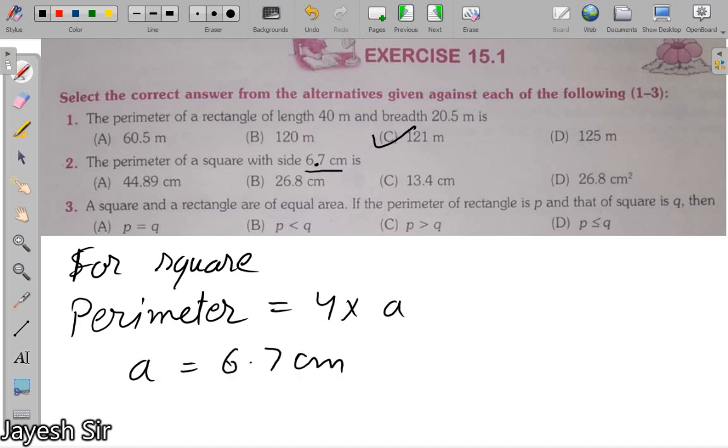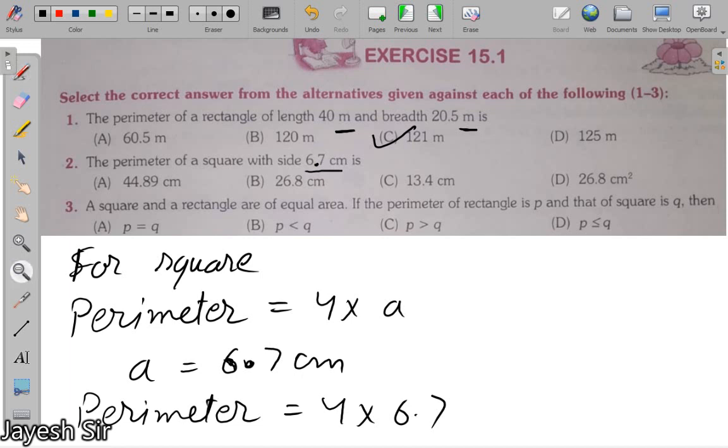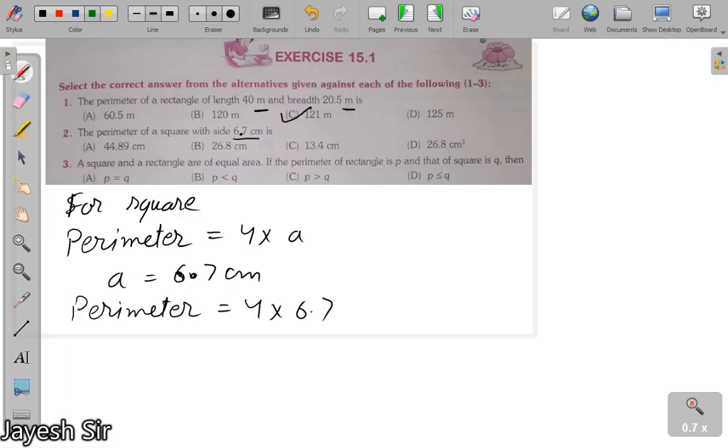In this question the unit is centimeter, while in the previous question we had meters. Keep in mind that the unit should be taken into account correctly. For each and every question we have to write down the formulas again and again. This helps us in two ways: we will remember the formula correctly, and we will not forget it during the exam.